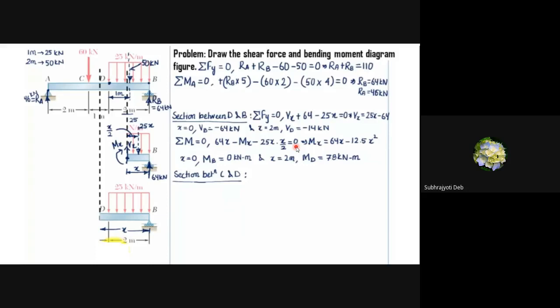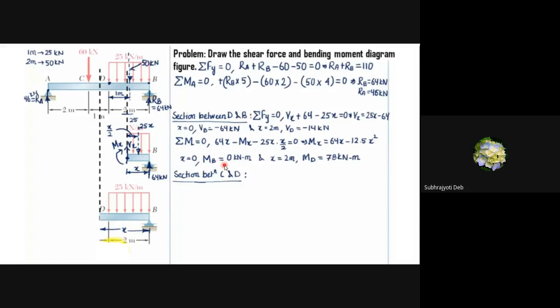You have to just see what is the direction of the force and what is the distance and direction. So ultimately you will get Mx. This is the moment equation. Mx is equal to 64x minus 12.5x square.